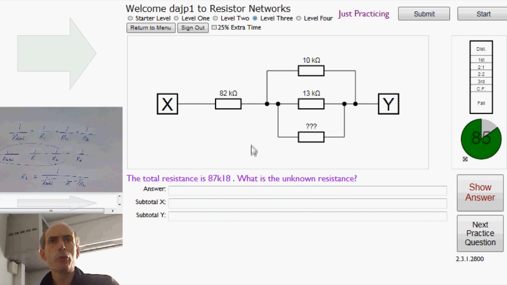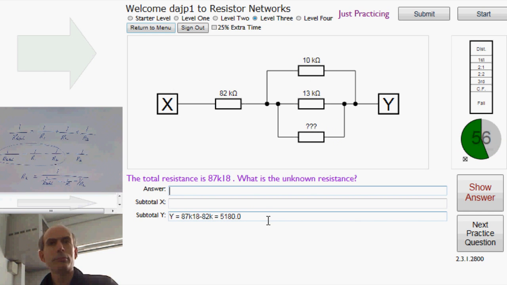Similar to what we've done before, but a slightly more complicated network. 87k18 minus this 82k, so I could work that out here. That would mean that 5180 must be the value of these three in parallel.